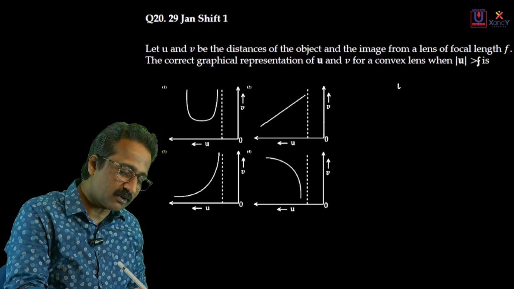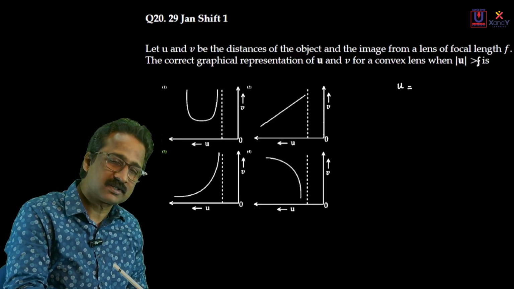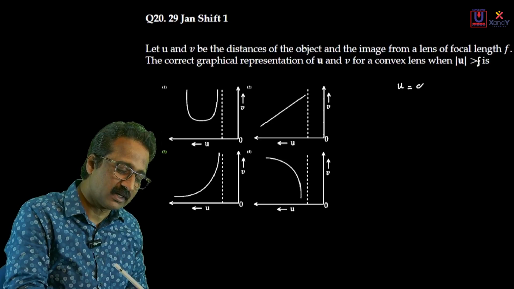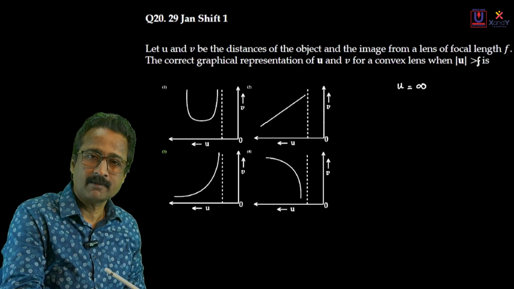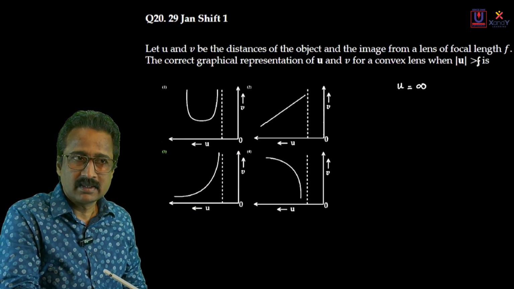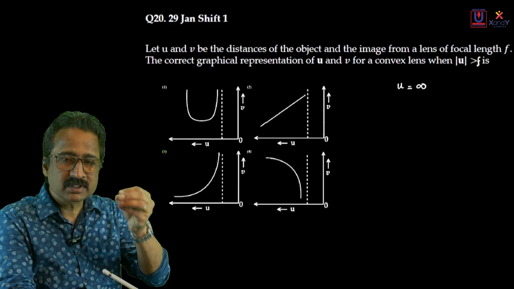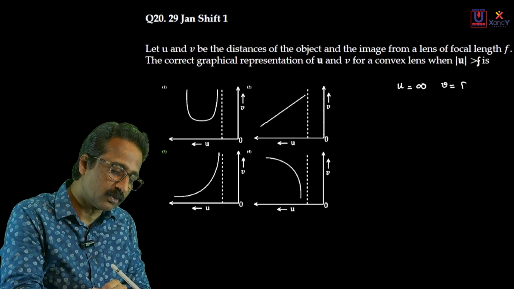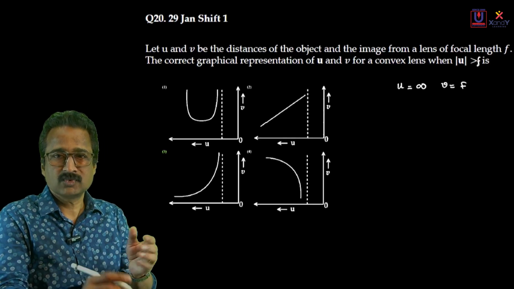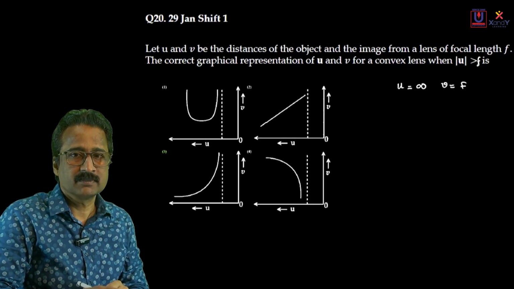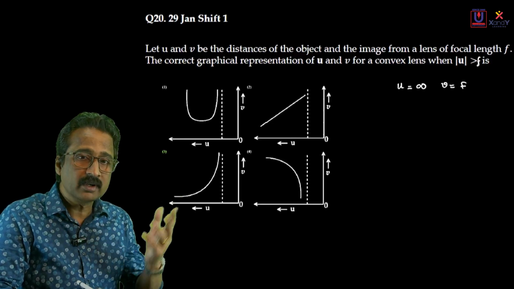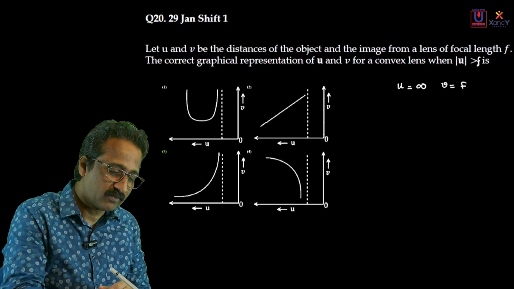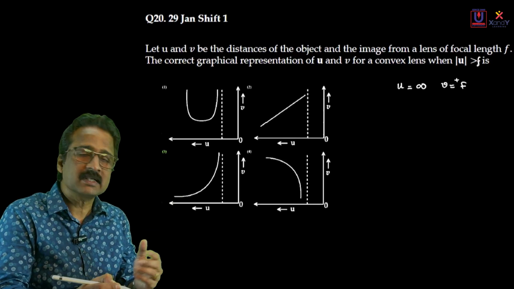If you place the object at a very, very large distance from the lens, for example at infinity, far away from the lens, then a real image is formed almost at the focus. So the image distance will be almost equal to the focal length. The image will be formed almost at the principal focus of the lens. So when U equals infinity, V equals F. Actually, when U equals infinity, V equals plus F.